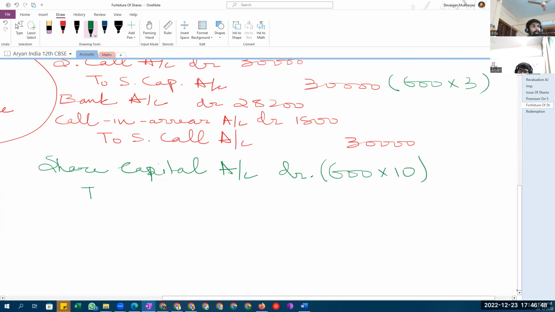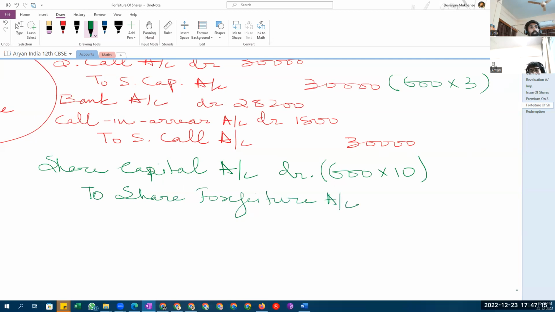Now this will be credited by two things. Firstly, the money that we have received from Mr. Manoj. And secondly, the money that we have not received from Mr. Manoj. So there will be two accounts here. First, share forfeiture account, which is the money that we have received from him.